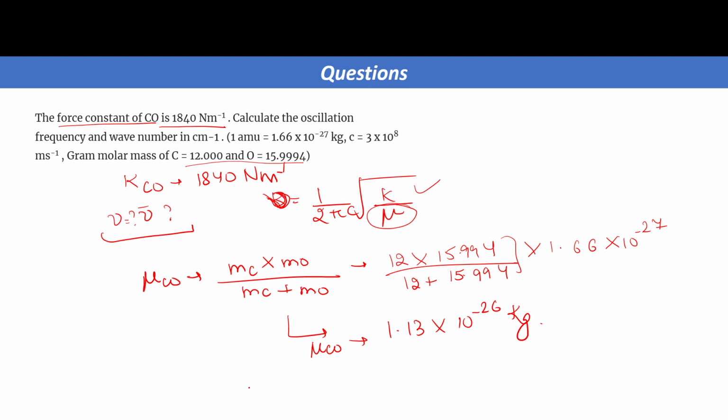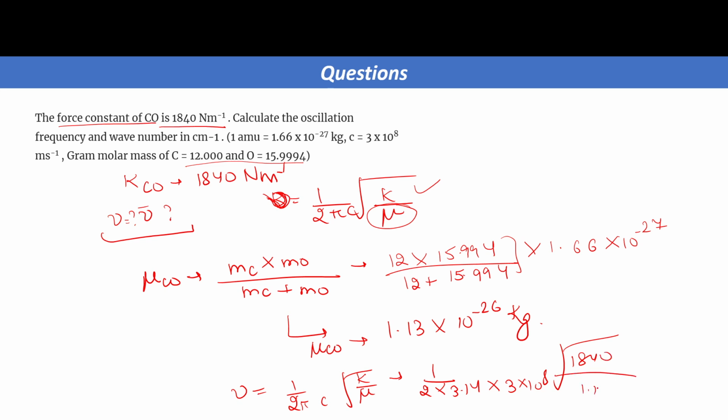Now we will calculate the value of the frequency. It will be 1 upon 2π √(k/μ). So it will be 1 upon 2 into 3.14 into √(1840 divided by 1.13 into 10 raised to minus 26, with k as 1840 and mu as 1.13 into 10 raised to minus 26.